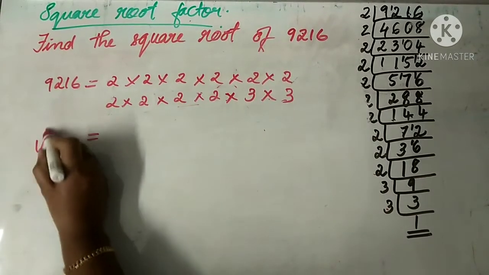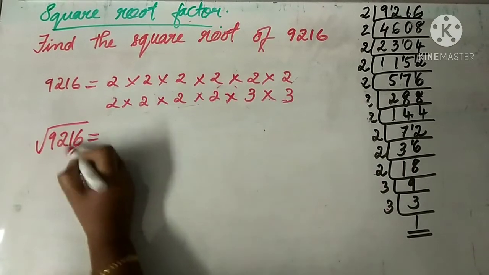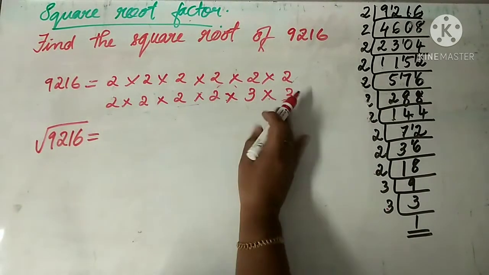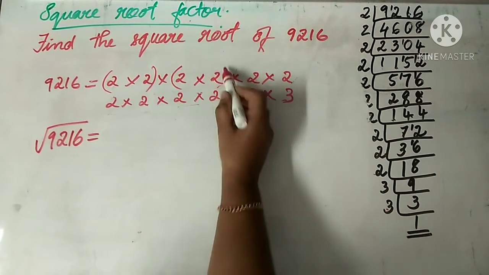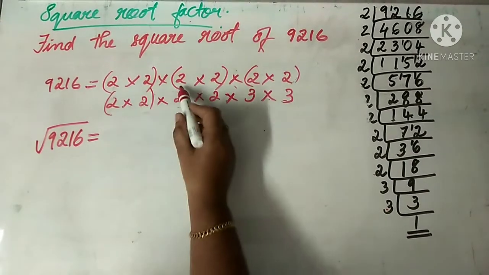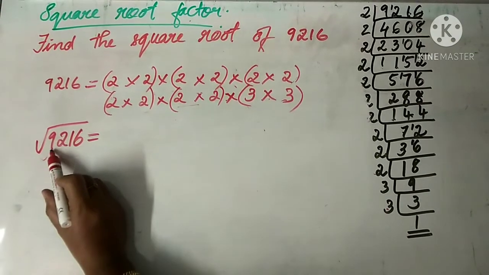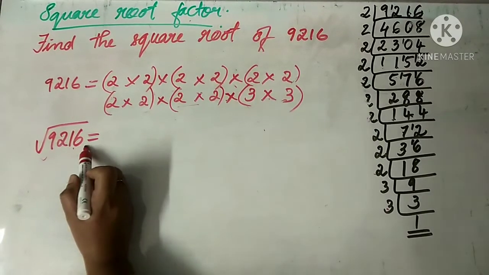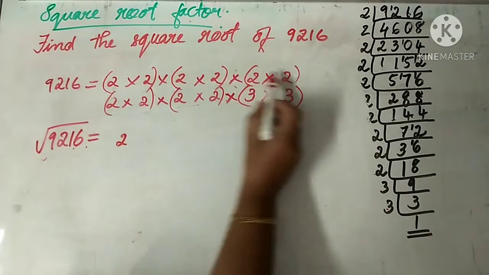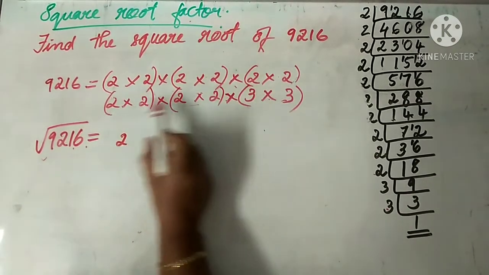Now for the square root of 9216, we can pair the numbers like this and take 1 from each pair. The square root of 9216 is equal to 2 into... how many pairs of 2? 1, 2, 3, 4, 5.